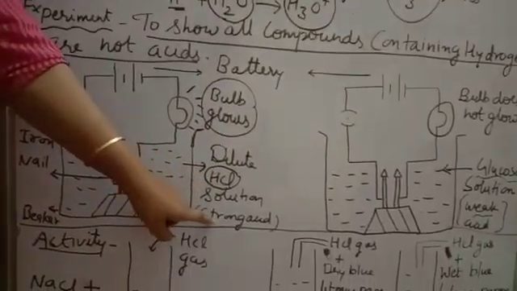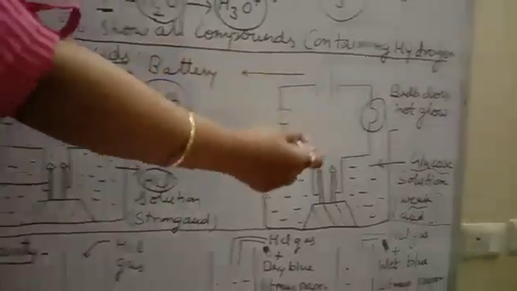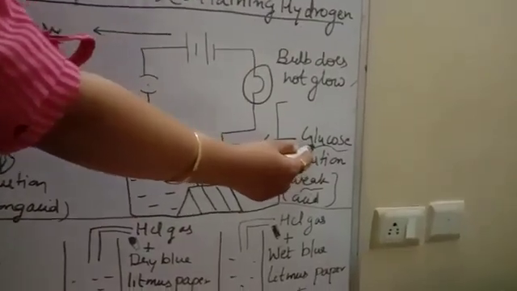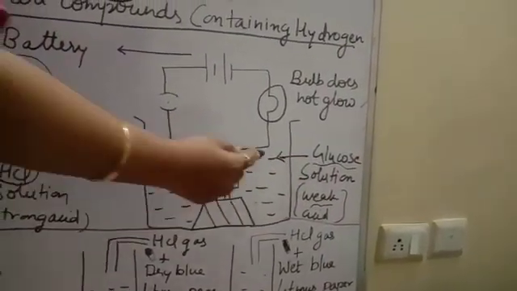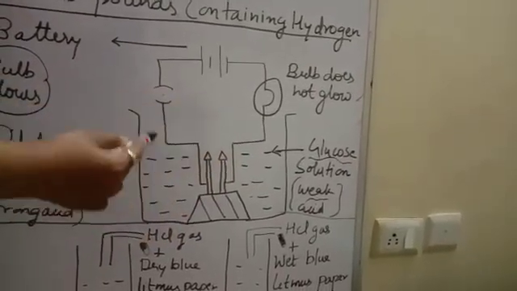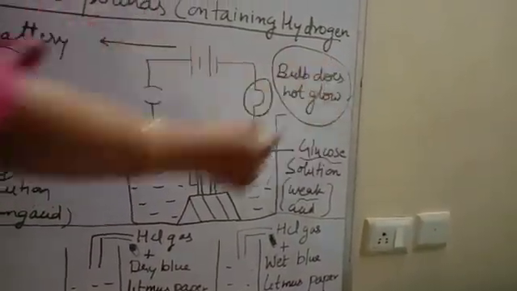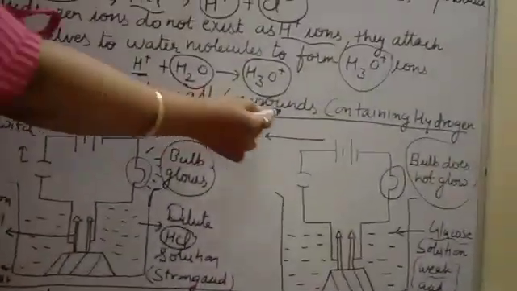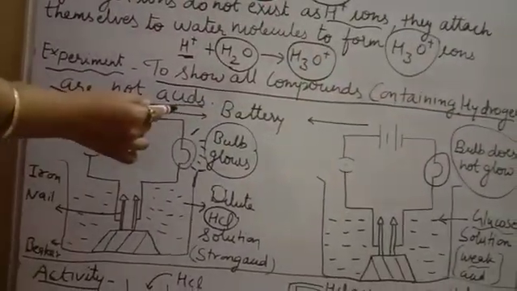It is a strong acid, so the bulb starts glowing. But in another setup, I have taken the glucose. It should not dissociate into H plus ions, so there is no conduction of electricity in the setup when we switch on the current and the bulb does not glow. So we can say that all compounds containing hydrogen are not acids.